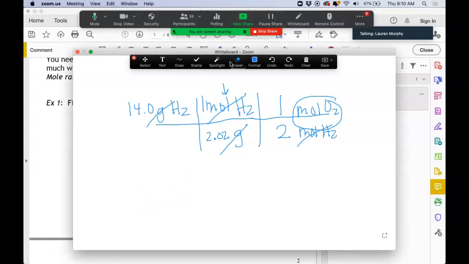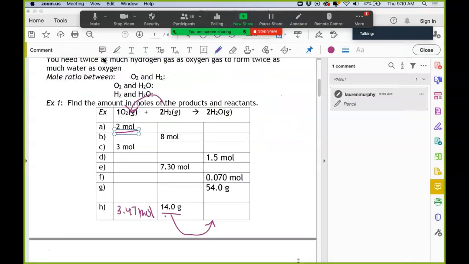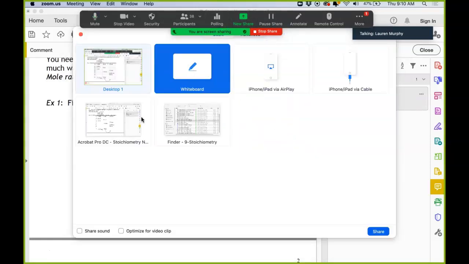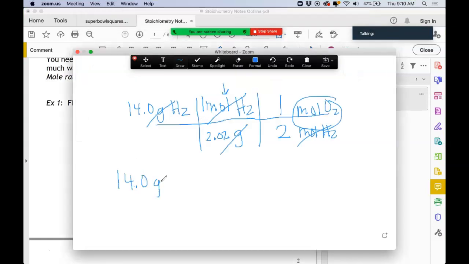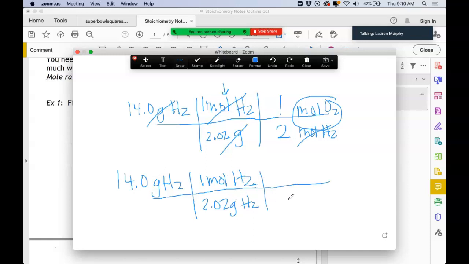So I'll start at my same starting point. Sorry about that. I turn my grams into moles, and now I'm going to go to water instead.